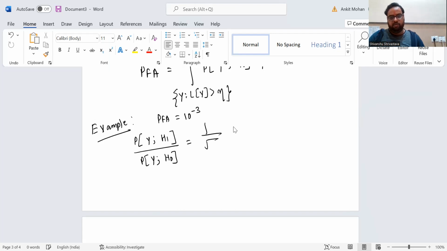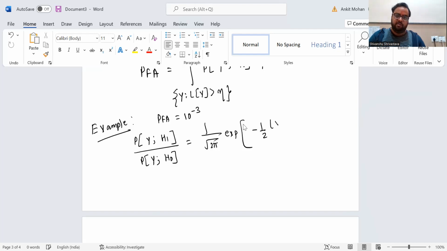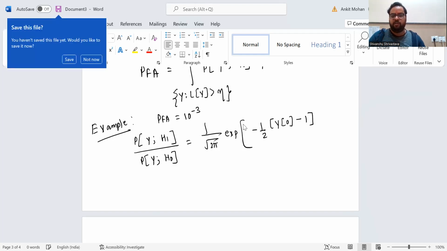So this will be 1 over root 2 pi exponential, and I have here minus 1 by 2. Now here we have the hypothesis h1 present. So when hypothesis h1 is present, that time the mean of y is 1. So we are considering only the 0th sample.